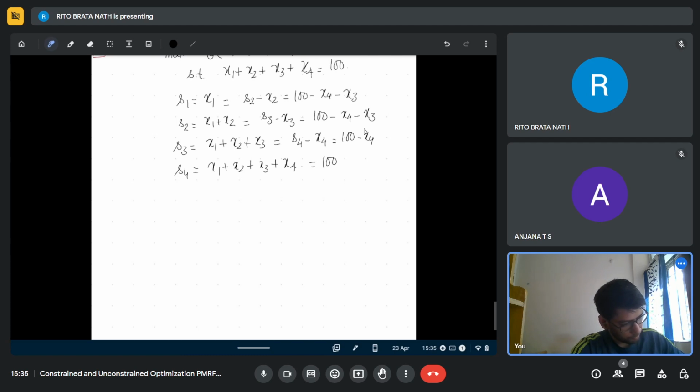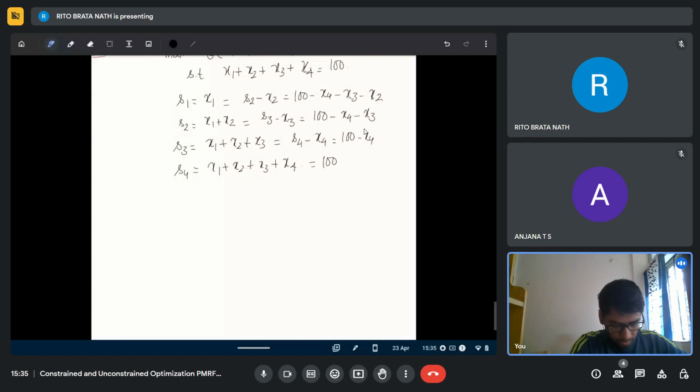So once you know x4, you can know s3, and then you have to know x3. Sorry, I think I have written this wrong. It should be x2. So since s4 is known, you have to kind of backtrack and get the value of x4 first, and then the others you can find out easily.